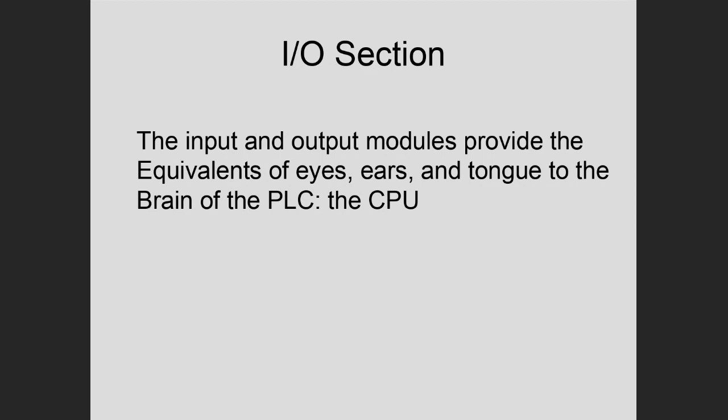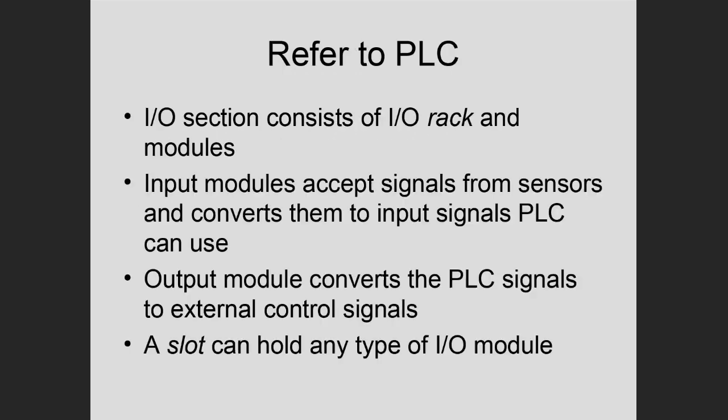We have sensors that can actually taste, and I'm doing air quotes that you can't really see. So we have sensors that can do a multitude of things that we can connect to the input of the PLC. And in addition to that, we have a variety of switches and buttons that we can connect to the PLC. We'll talk about some of those as we go through the class.